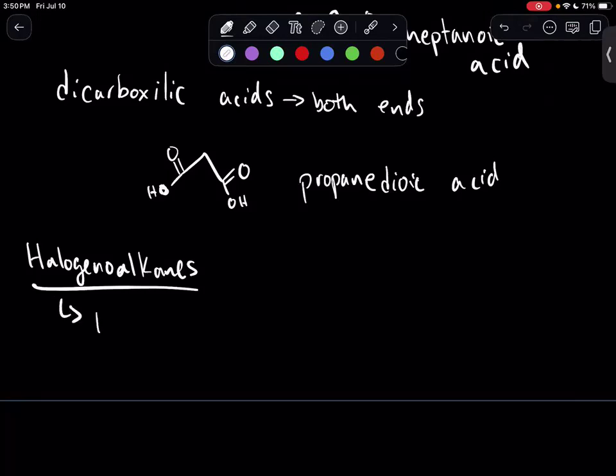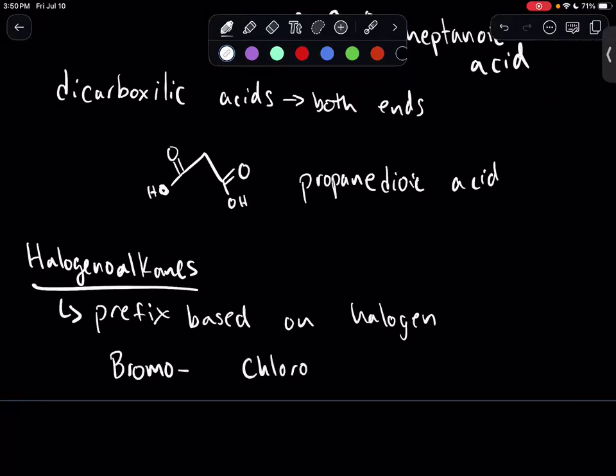Halogenoalkanes, they have a prefix based on the halogen. And I'm going to write them in a very specific order. It is not the order they appear on the periodic table, but instead bromo, chloro, fluoro, iodo.